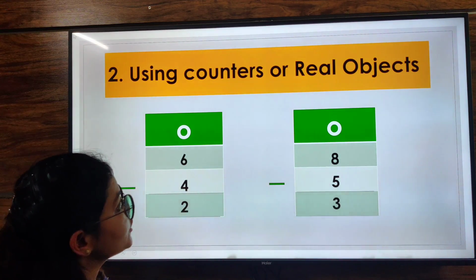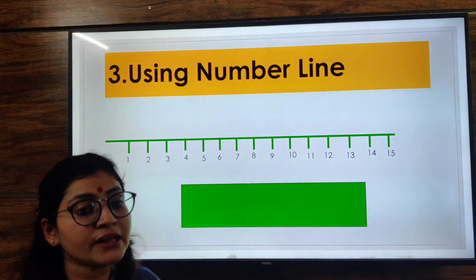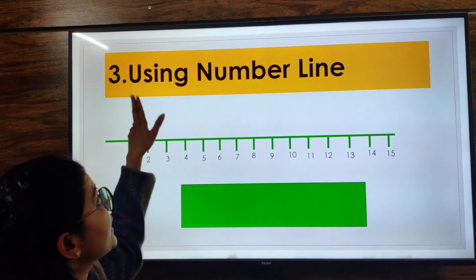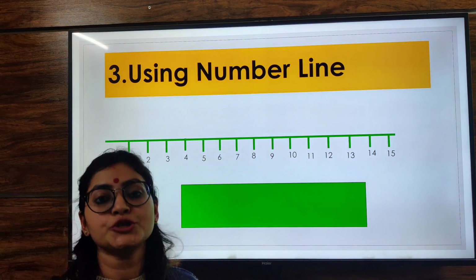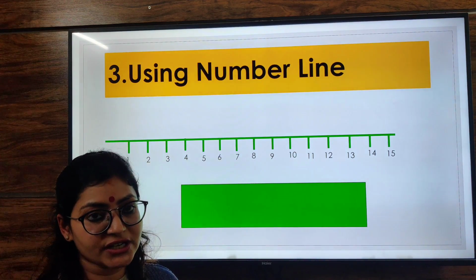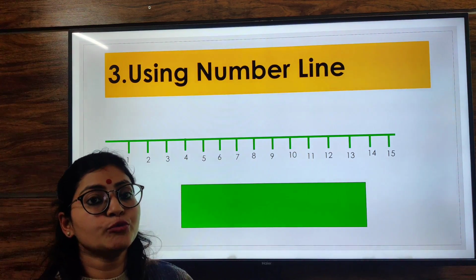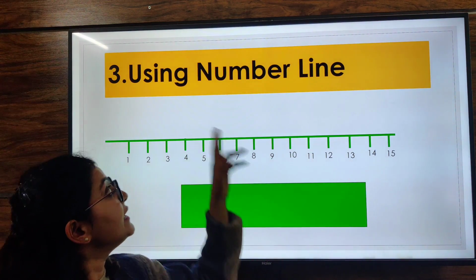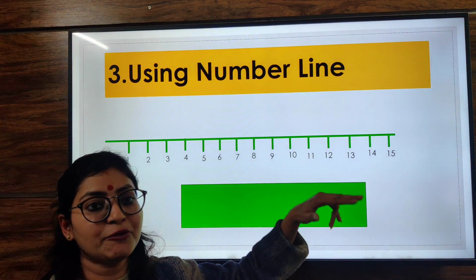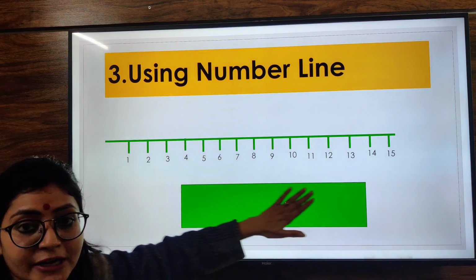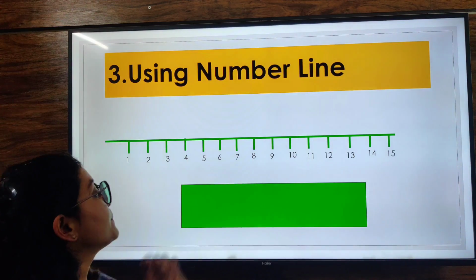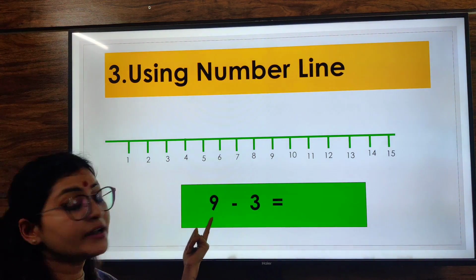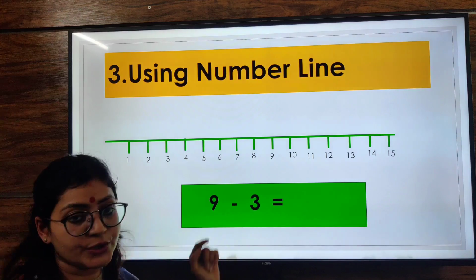Now let's move on to the third method of doing subtraction, that is by using number line. One more thing that you need to keep in mind while doing subtraction is we need to move backward on the number line. This is our number line. We have numbers from 1 to 15 here. Now my question is 9 minus 3.